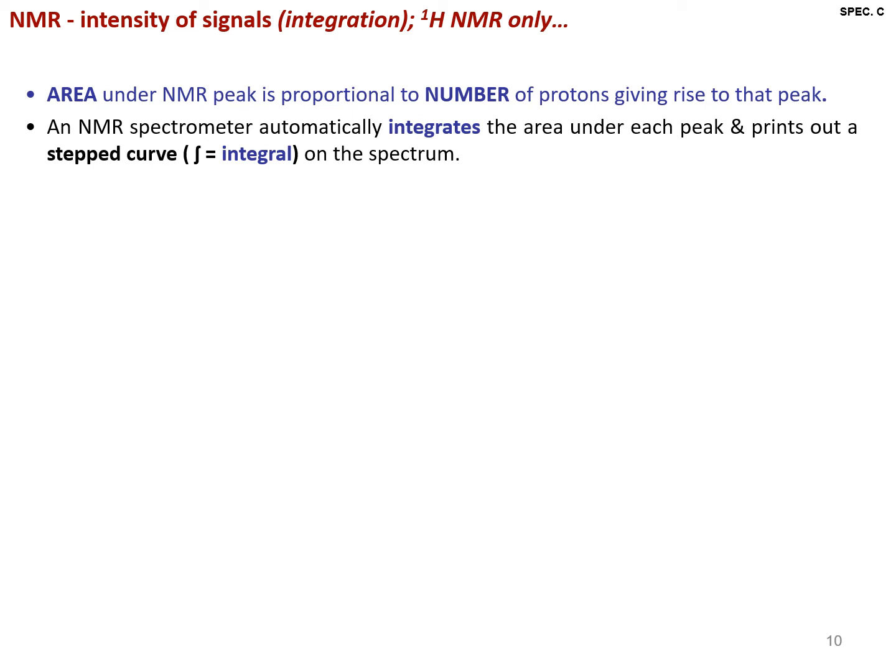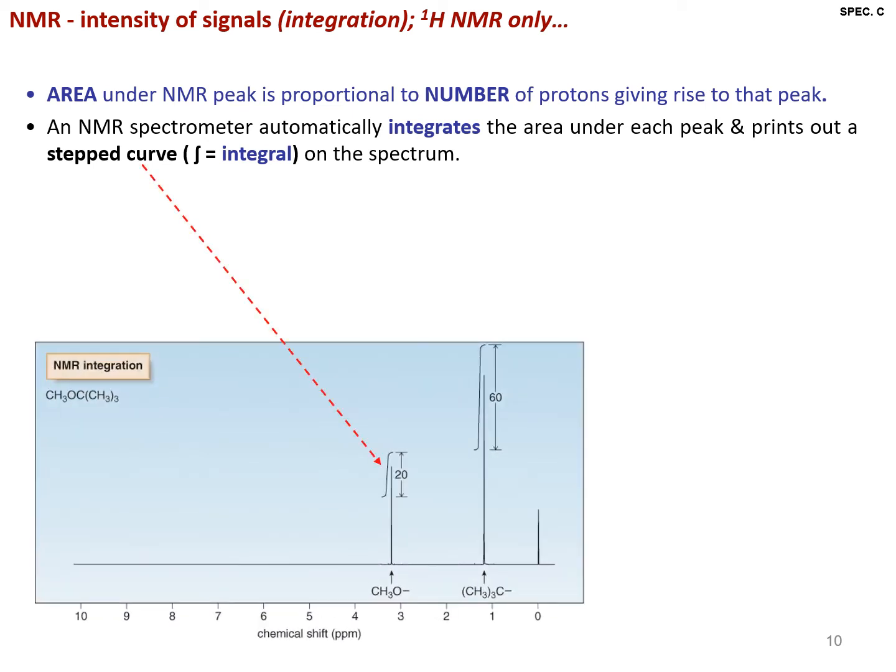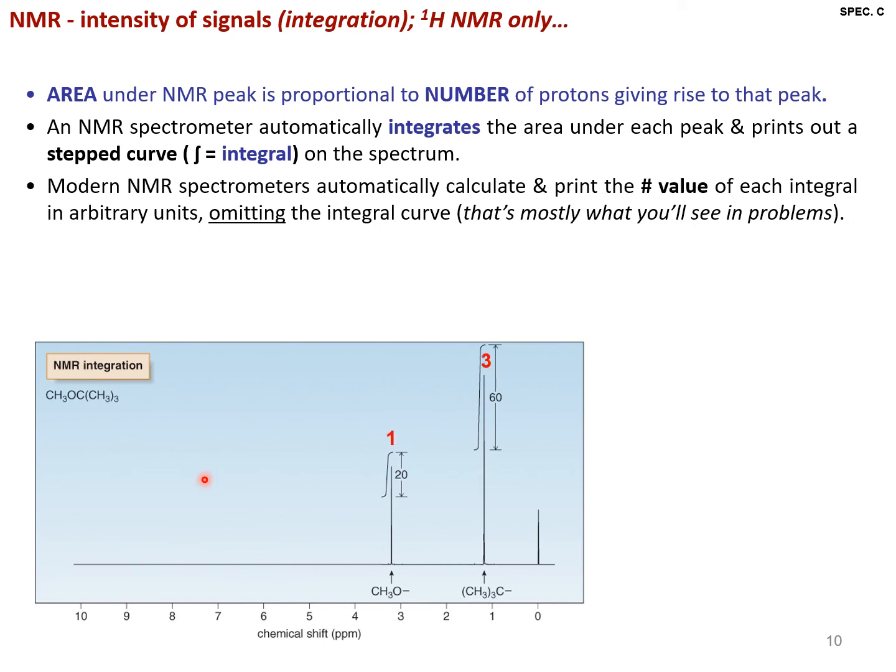NMR spectrometers will do this calculation for you, and in older instruments what they would do is print out a little stair step above each peak, and what you would do then is measure with a ruler in whatever units you like the length from change in slope to change in slope in each of these stair steps, and if you compared the lengths, you would then end up with the ratio of hydrogens which give rise to that peak. So in this case here, 20 to 60 is a 1 to 3 ratio.